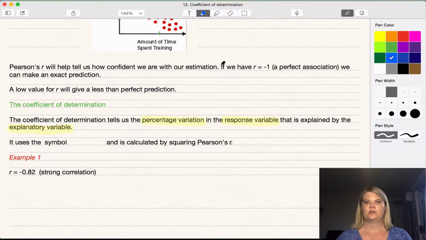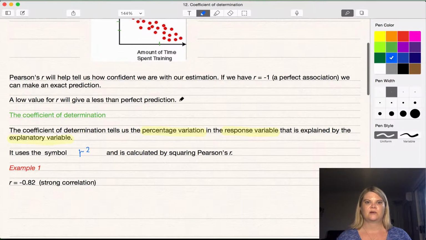It uses the symbol R squared and is calculated by squaring Pearson's R. So you calculate Pearson's R first and then you square it using your calculator and you get the coefficient of determination.